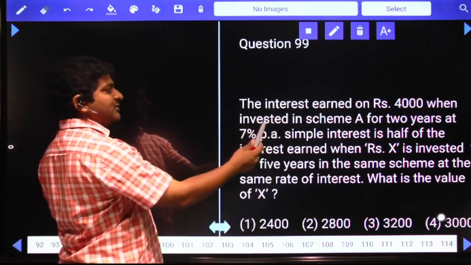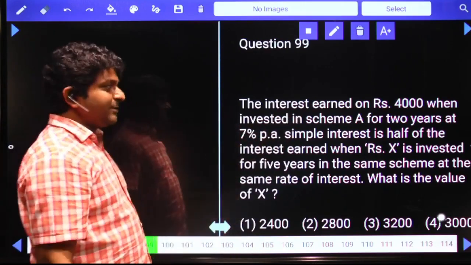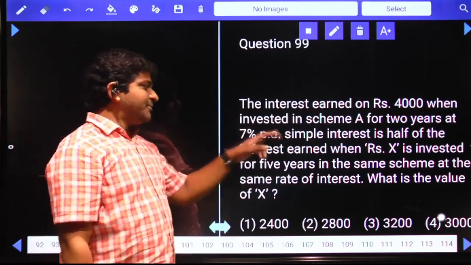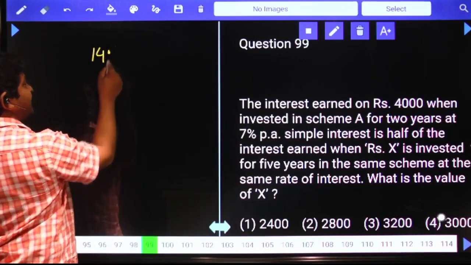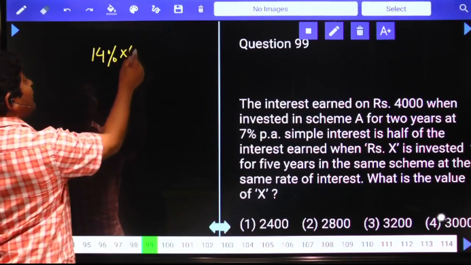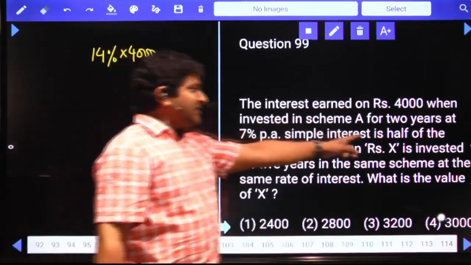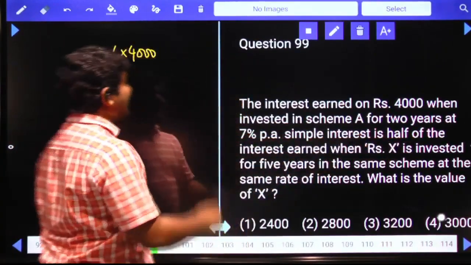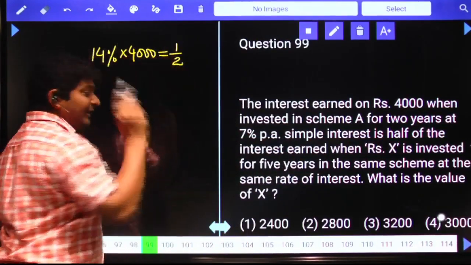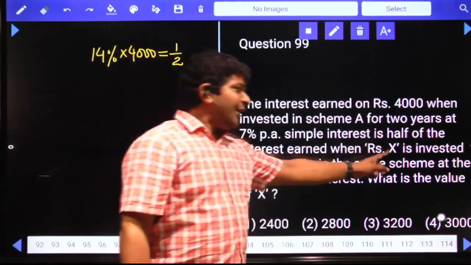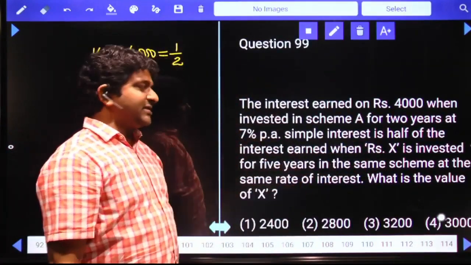Interest earned on 4,000 when invested for 2 years at 7% per annum simple interest. So 7% per annum simple interest, in the sense, how much percentage will we get? 14% of interest we will get upon 4,000 principal, and this is half of the interest earned when X rupees is invested for 5 years at the same rate of interest.